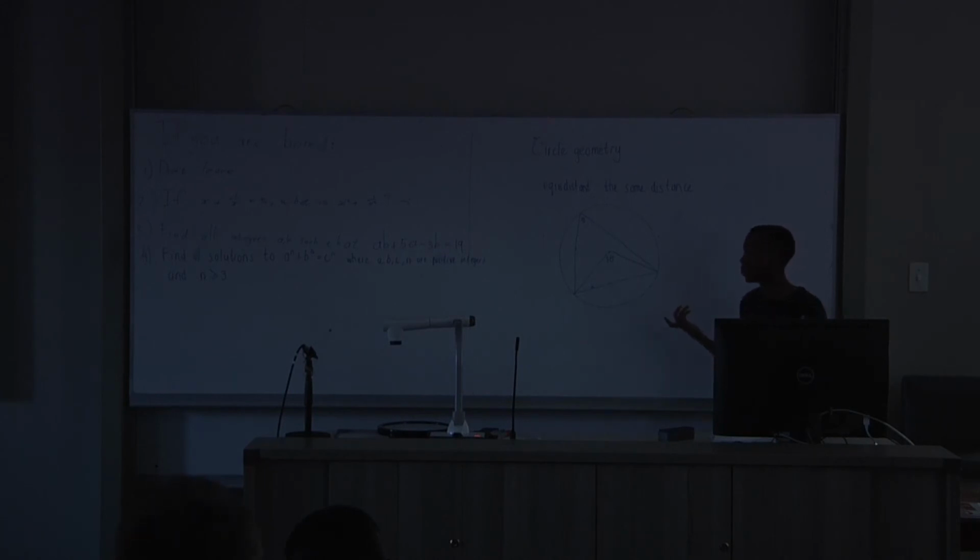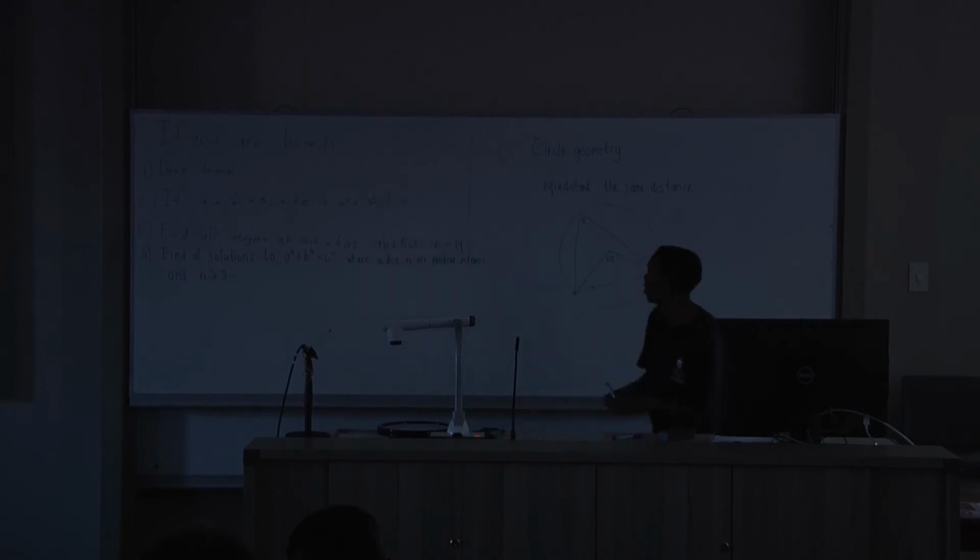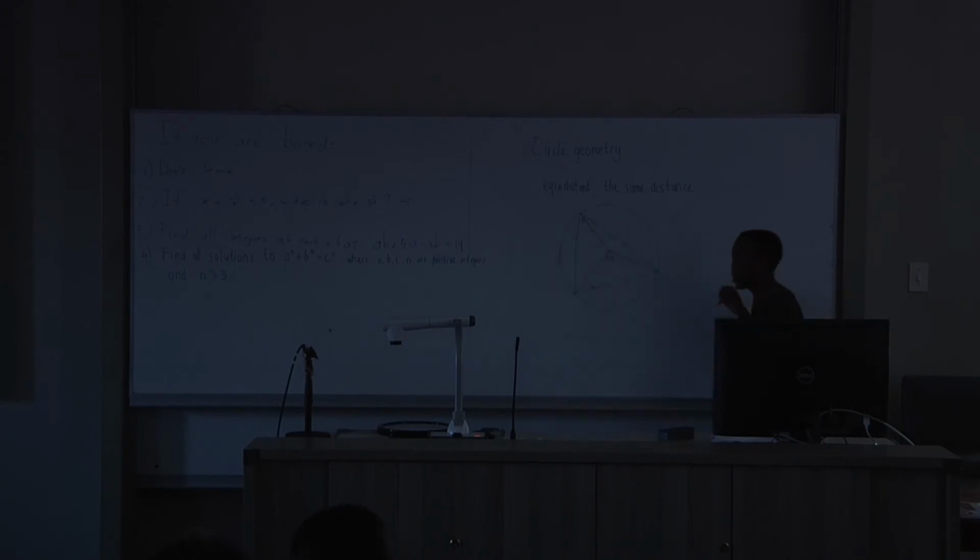So we'll construct a line here. So we consider a line here. And what can you tell me about this line, the red line, and this line? They're equal, right? Because they're the radius of the circle, since this was defined to be the center.